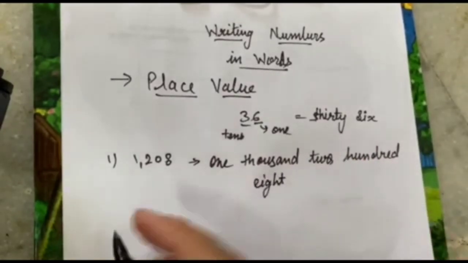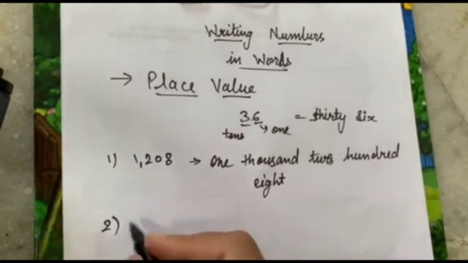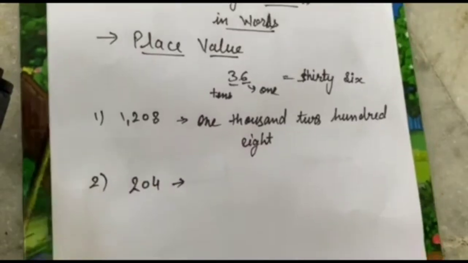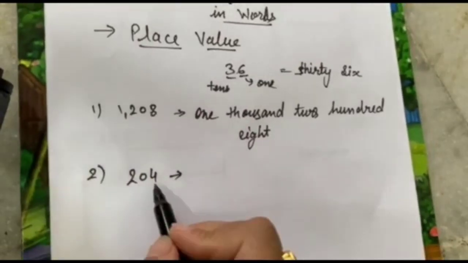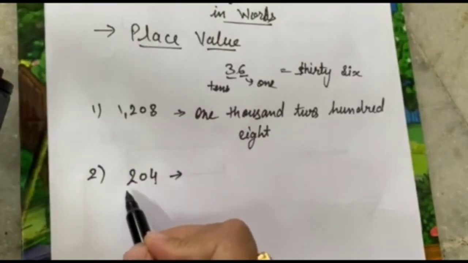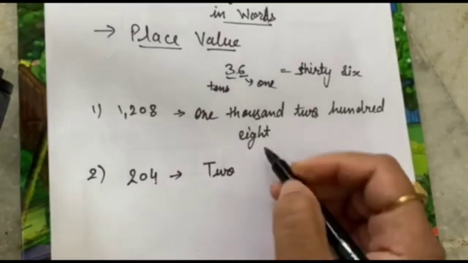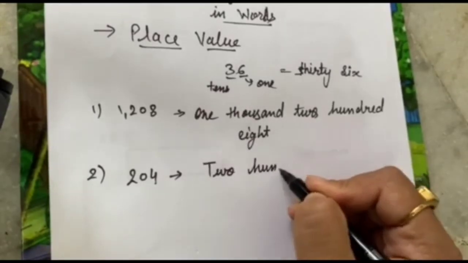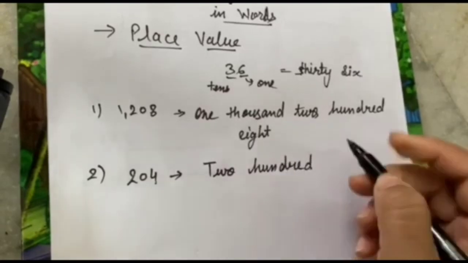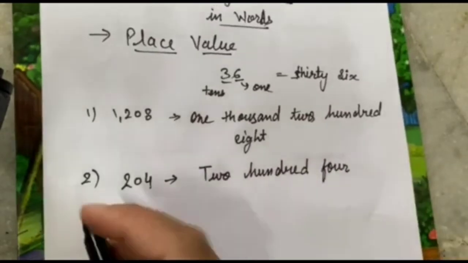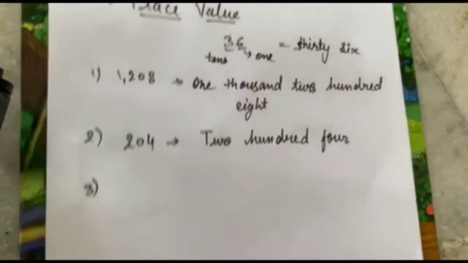Right. Now let's take one more example. Say it's 204. In this there are 4 ones, 0 tens and 2 hundreds, so it will be 204.